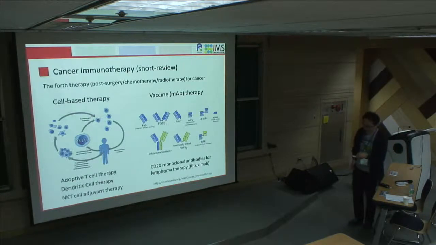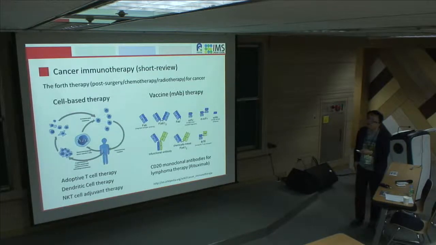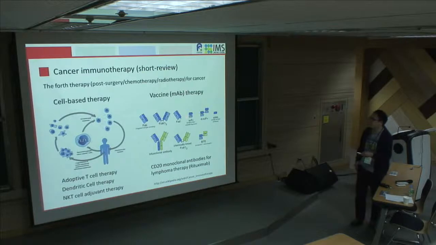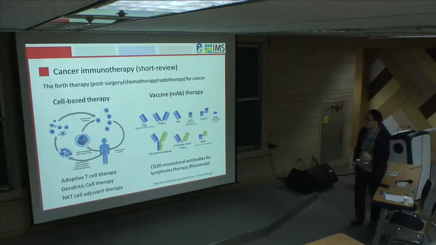Basically, immunotherapy is classified into two types: using immune cells, or using monoclonal antibodies. One famous monoclonal antibody therapy targets CD20. This is a typical marker of B cells, so it can be effective against lymphoma, a blood cancer of B cells.